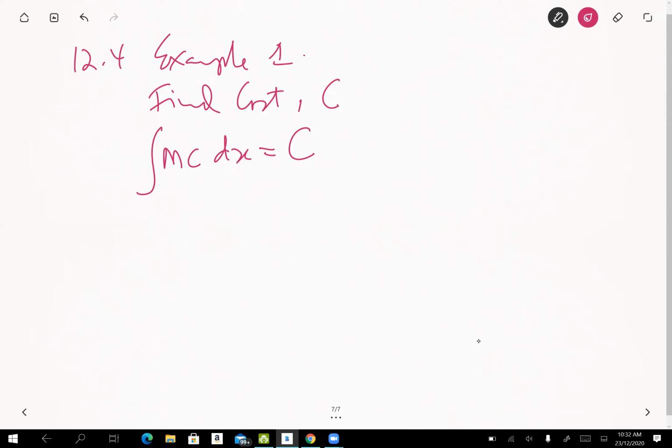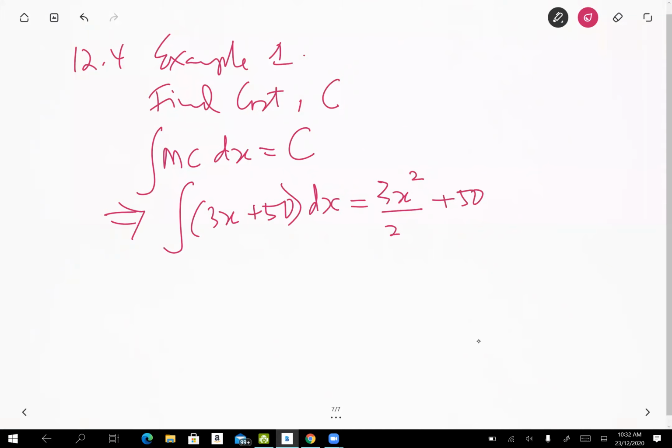So that would be equal to the integration of 3x plus 50 dx. That is the marginal cost given. That is equal to 3x squared over 2 plus 50x.